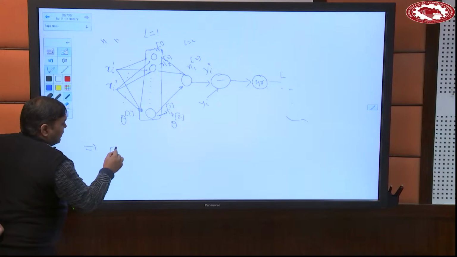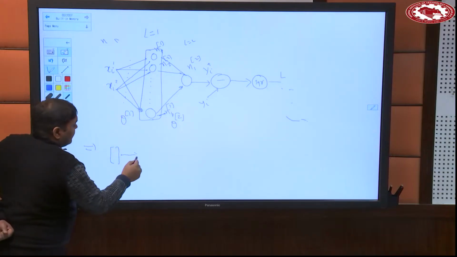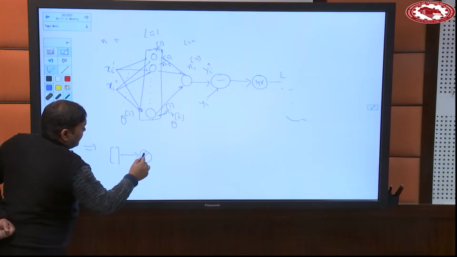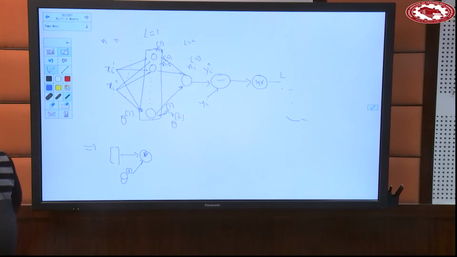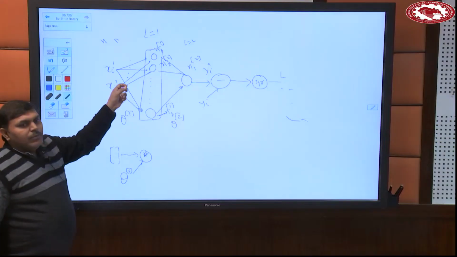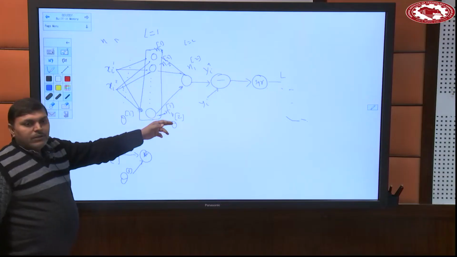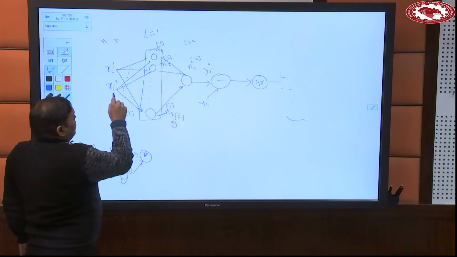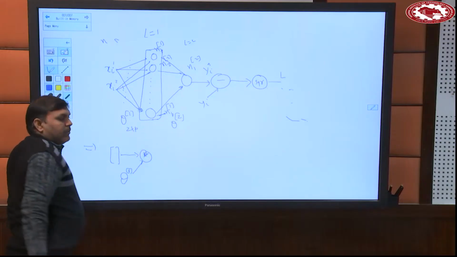You have a multiplication operator here, and theta 1 is for the first layer parameters. Every weight is a parameter, so you can represent it as a matrix, a 2 cross P matrix.